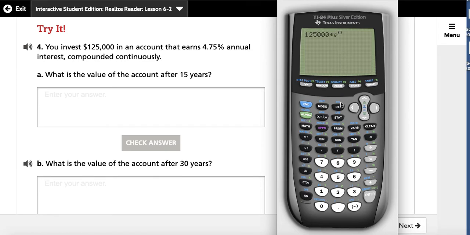And it's raised to a certain power. Now the power is supposed to be R times T. R is 0.0475 and T is 15. Oh yeah, 15 years, that makes sense.